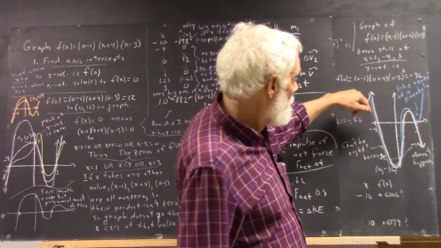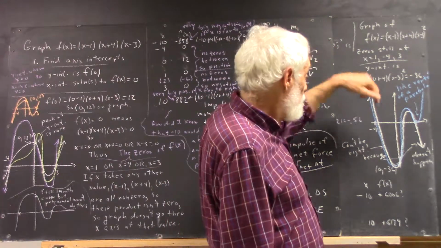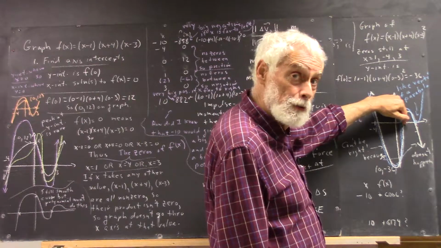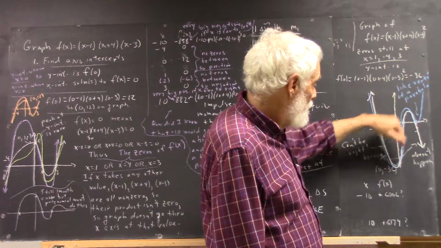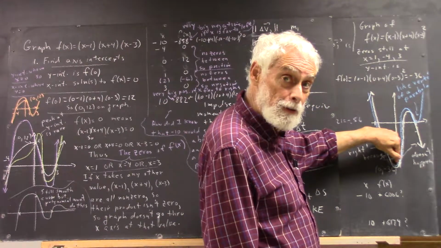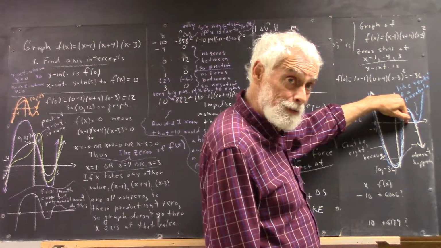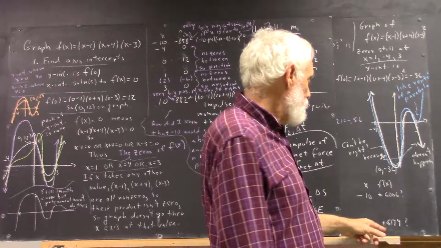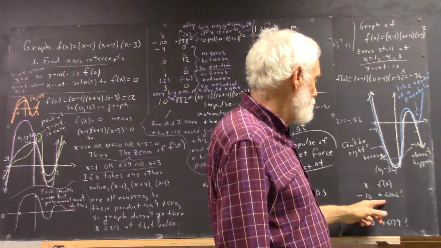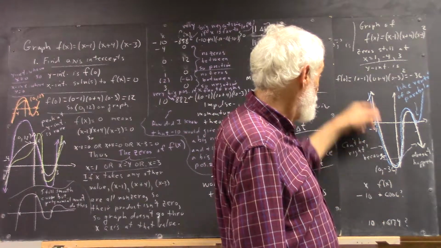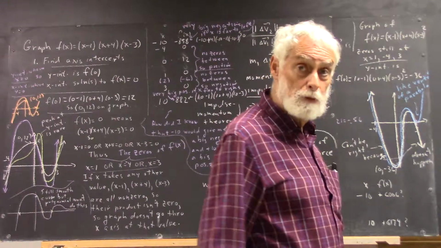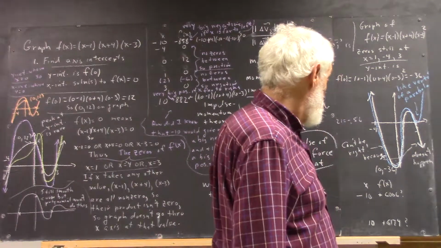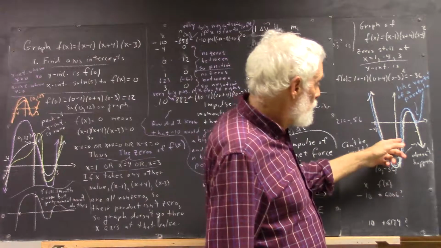But of course, it can't go through the x-axis between these two zeros, and it has to go through this point down here between these two points. So the graph has to do this, and it has to be a big positive number when x is negative 10, so this part of the graph looks pretty much okay. What doesn't look okay is this.